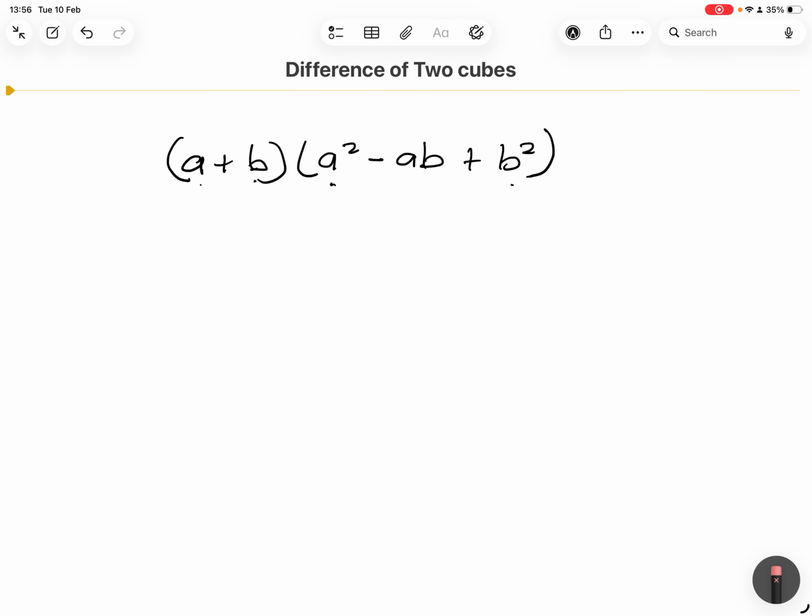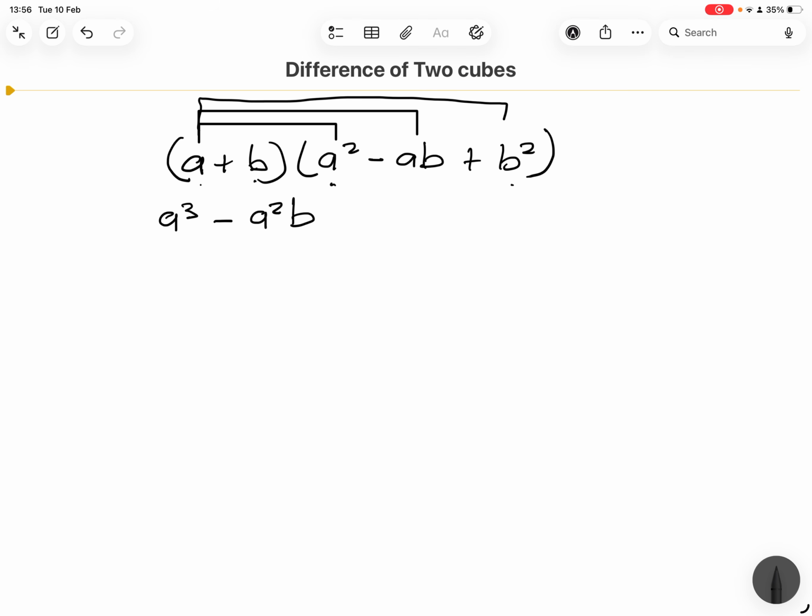So what does this give us? If you remember a previous video on the product of a binomial with a trinomial, this would give us a cubed, minus a squared b, plus ab squared.